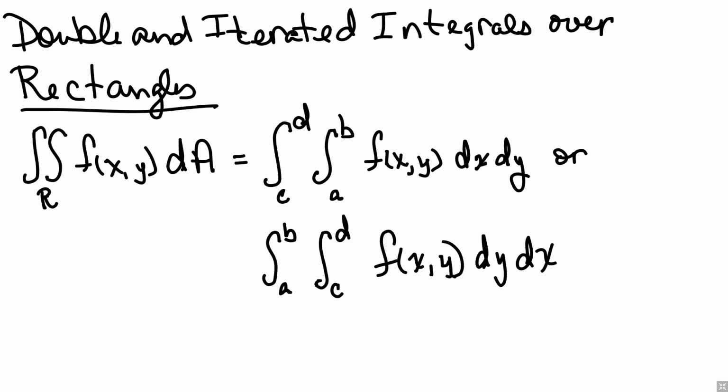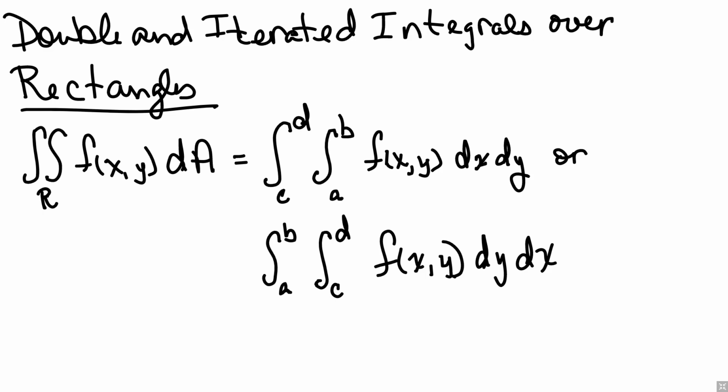Okay. So what this theorem is doing is allowing us to do a double integral, which also can be referred to as an iterated integral, over basically a rectangular region. All right, so what we're going to do first is take a look at how this will work.